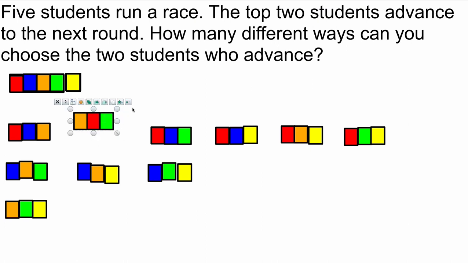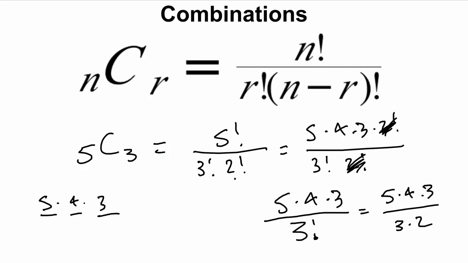But I don't care about the 6 different arrangements of these 3 colors that I can have. All I care is that those 3 colors are in a group together, and they went on. So that's why there are 6 times fewer. So divided by 6 from the total, and you get 10.